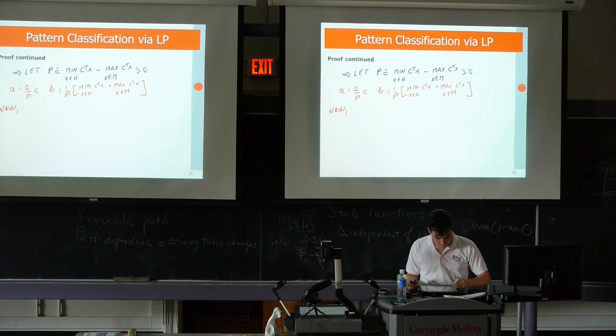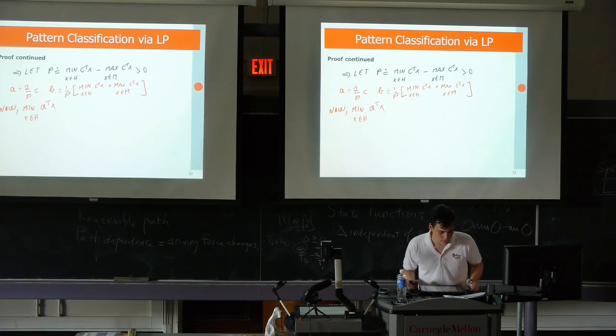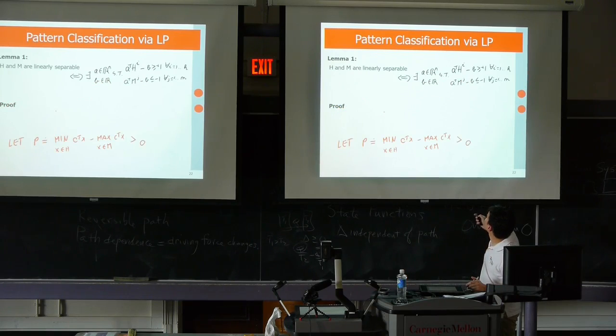Let me start differently. So let's calculate the minimum of A transpose X. Just to remind you that your M is this.